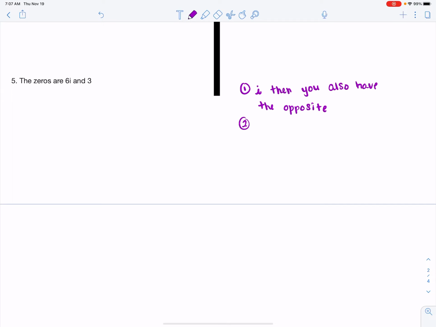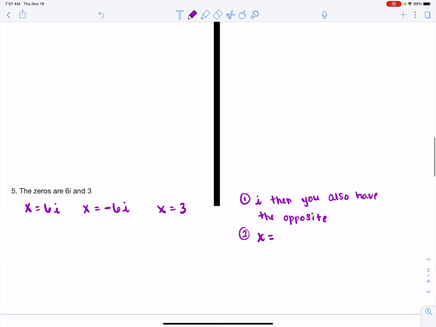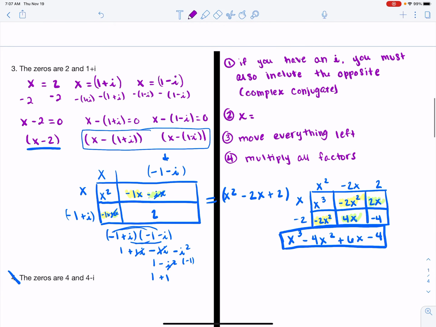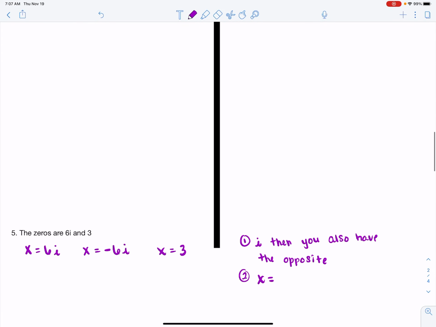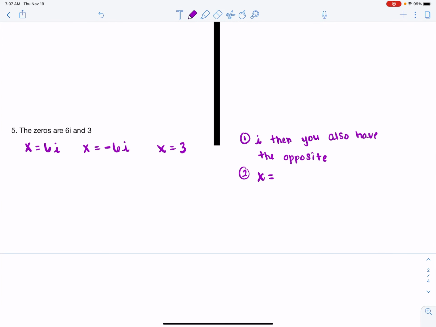So when we write our zeros or our roots as x equals, I have x equals 6i, which means I also have x equals negative 6i, and I have x equals 3. Now this is a little different than the one before, because the one before you had i plus or minus something. Here we have i multiplied to something. It's a little bit easier.